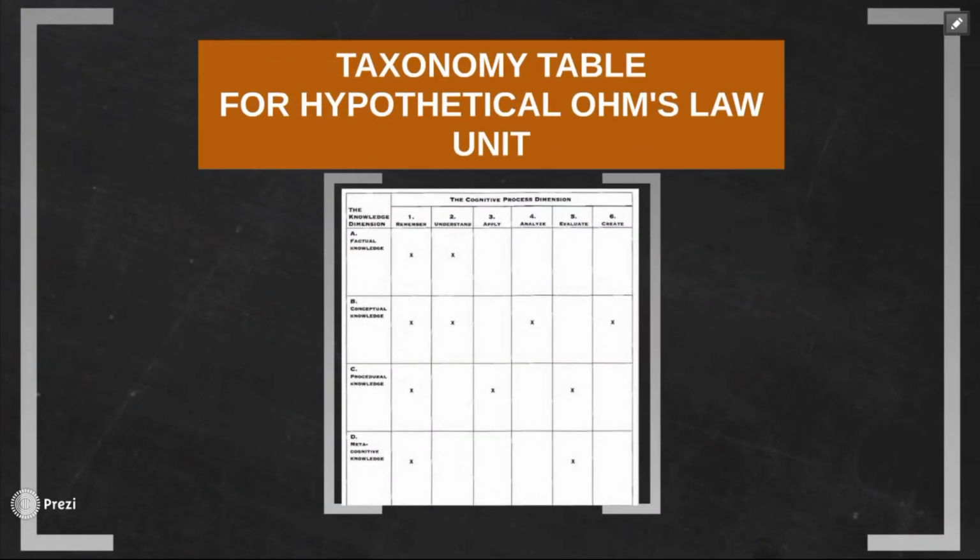And the next slide is about the taxonomy table for hypotheticals, a comparison of Bloom's taxonomy activities with the Ohm's law unit from the cognitive process dimension and the knowledge dimension. Let's see.